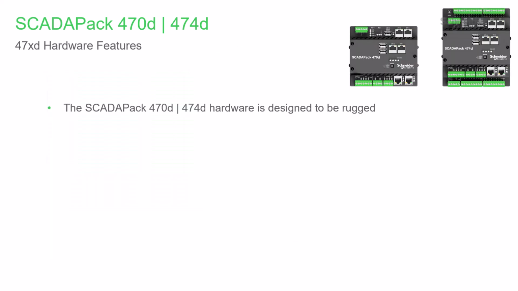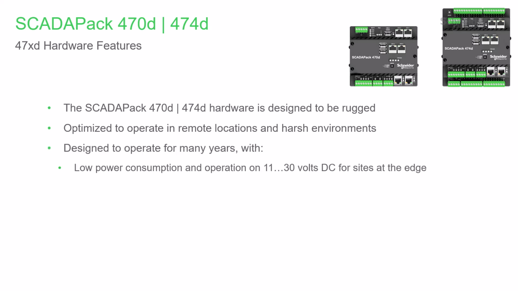The SCADAPack 47xd hardware is designed to be rugged. As with other SCADAPack models, the 47xd is optimized to operate in remote locations and harsh environments. The ruggedized hardware is designed to operate for many years with low power consumption and operation on 11 to 30 volts DC for sites at the edge.